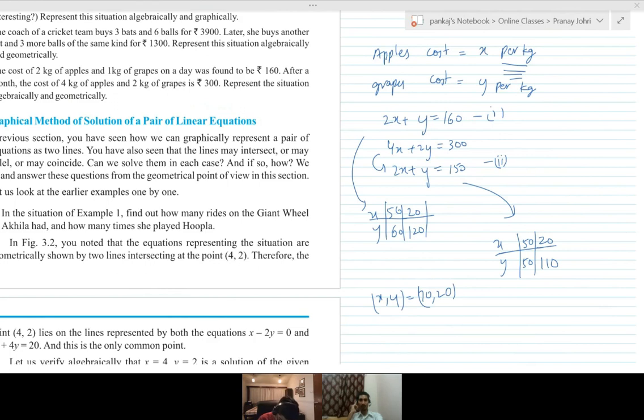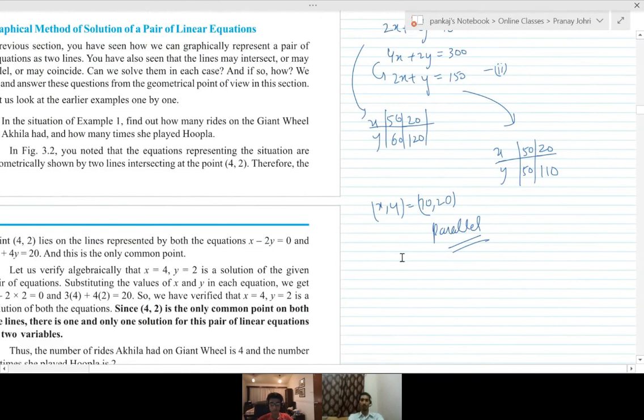I took one of the points wrong. Yeah, it's parallel. It is parallel.